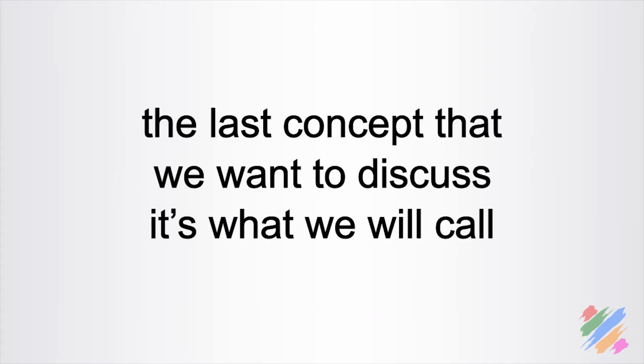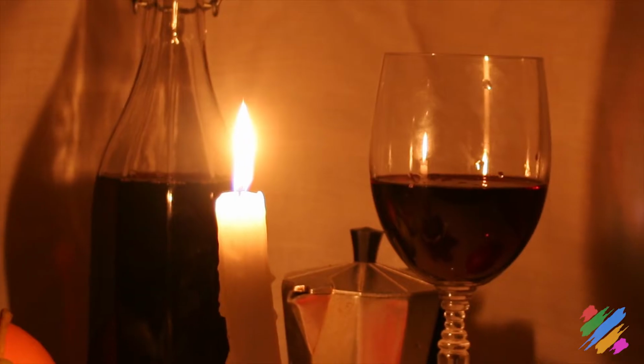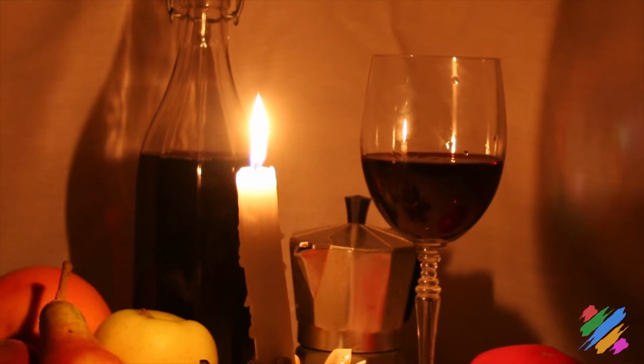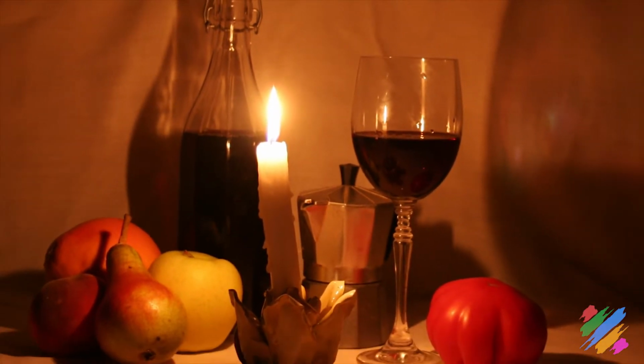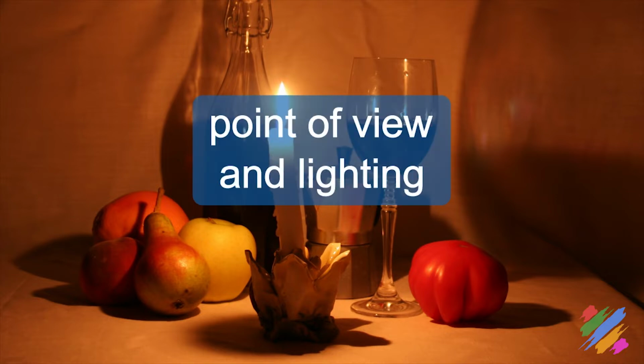The last concept that we want to discuss is what we will call the scene point of view and lighting consistency. Normally, this isn't a problem if we use a model, because by using a model, theoretically, we should already have fixed both point of view and lighting.